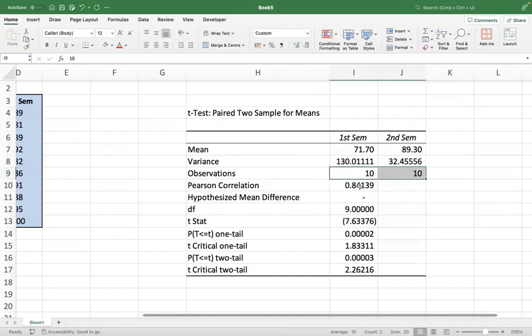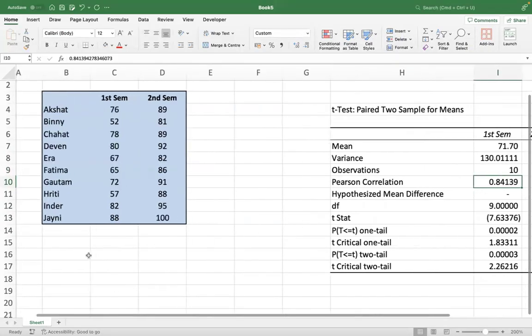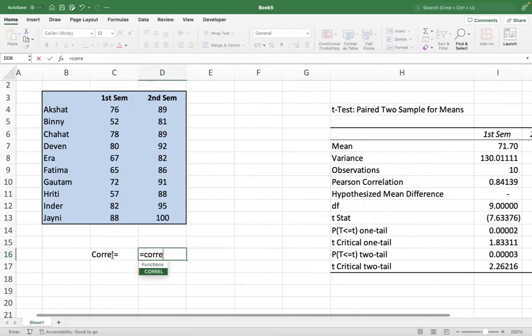Now, first step is to validate the correlation between the two data sets, which I can validate using the CORREL function. Equal to CORREL, array1 and array2.